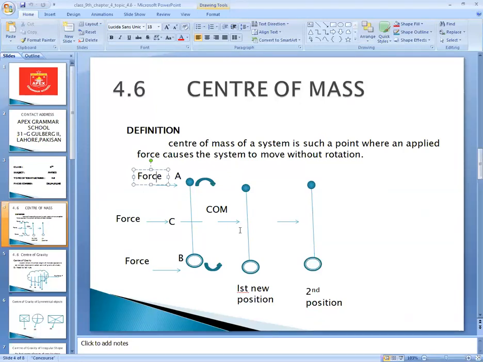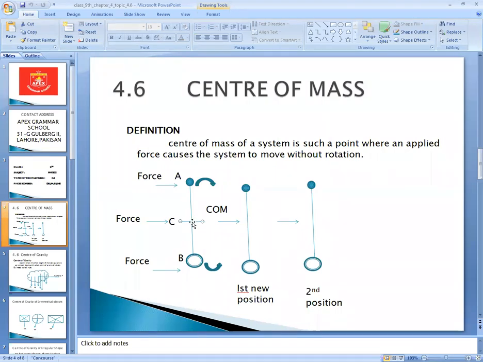Take up the duster and mark the corner points A and B. If you apply the force at point A, the duster will rotate clockwise, and if you apply the force at point B, the duster will move anti-clockwise. So this is the only point C where if I apply the force, the body will not rotate.